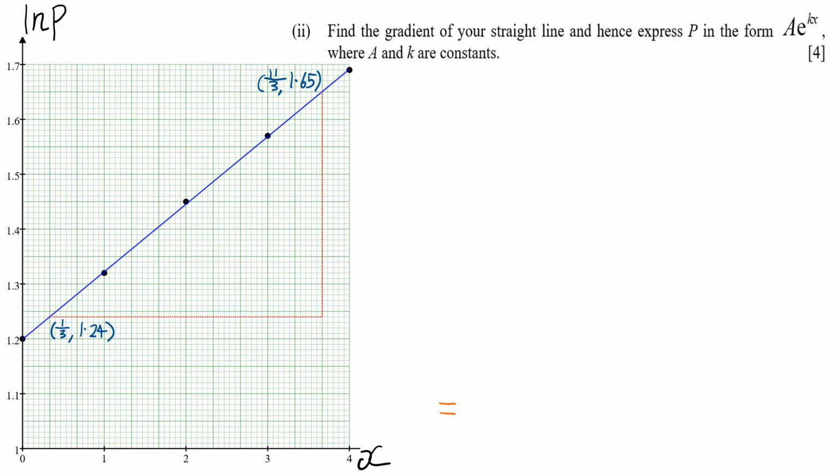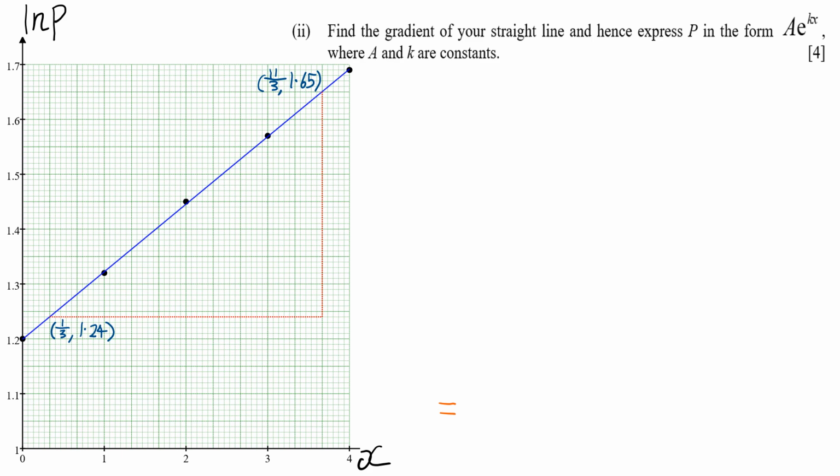All right, in the next part of the question, we're asked to find the gradient of a straight line. If you have plotted all your points accurately, you should get a beautiful straight line as shown on the screen. We're asked to express P in the form a e to the power kx, where a and k are constants.